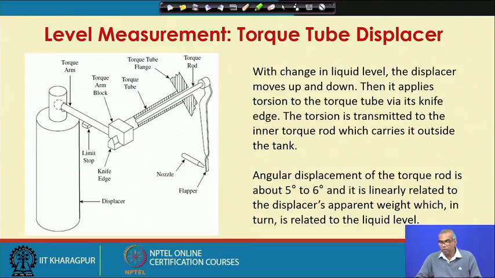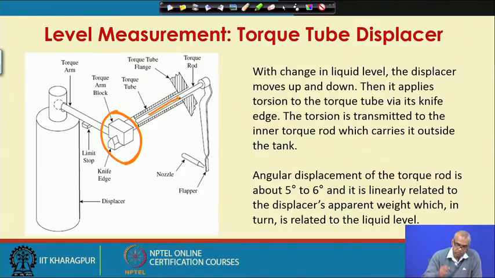With change in liquid level, the displacer moves up and down, then it applies torsion to the torque tube via its knife edge. The torsion is transmitted to the inner torque rod which carries it outside the tank.